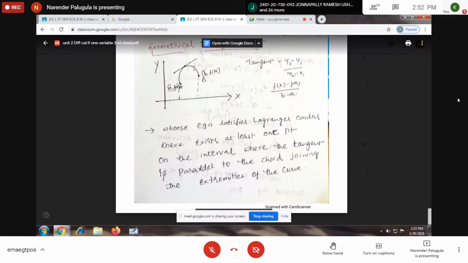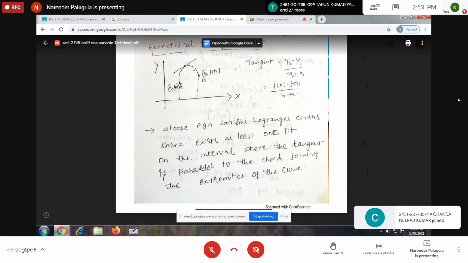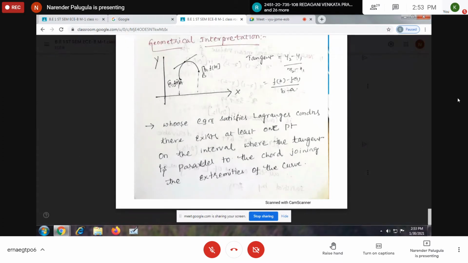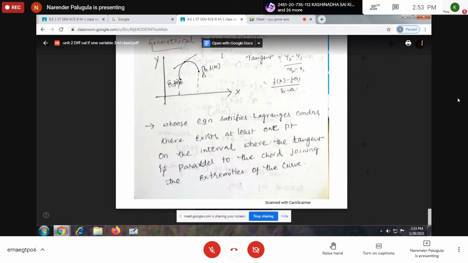So if AB is a smooth and continuous curve, then there exists at least one point on that curve such that the tangent at that point is parallel to the chord joining the end points of the curve AB. The slope of the chord joining AB and the slope of the tangent are both equal. That is nothing but f dash c is equal to f of b minus f of a by b minus a. Yesterday I gave this geometric meaning of Lagrange's theorem. So let us discuss some examples on Lagrange's theorem today.